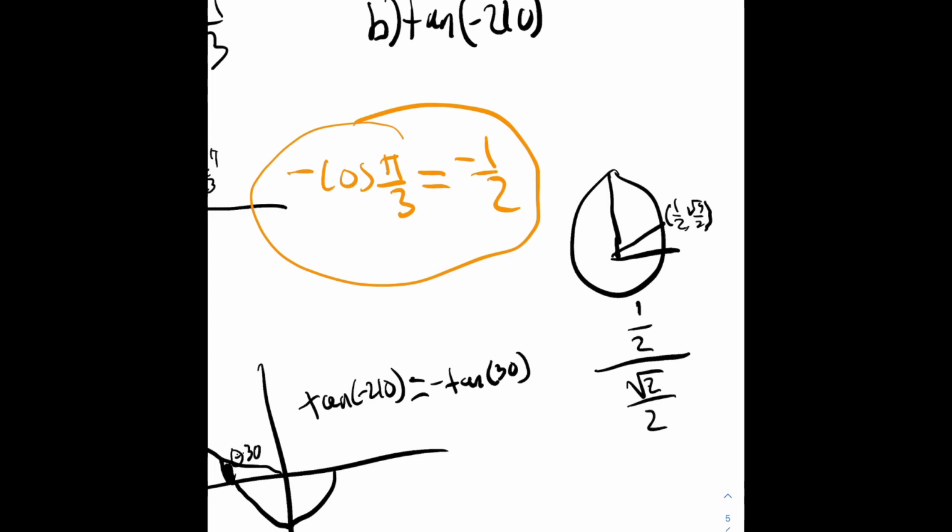Anyways, this is going to equal negative square root 3 over 3. I know why, these ones are the ones that are goofed up. X is bigger, so X is square root 3 over 2, Y is 1/2. There we go.